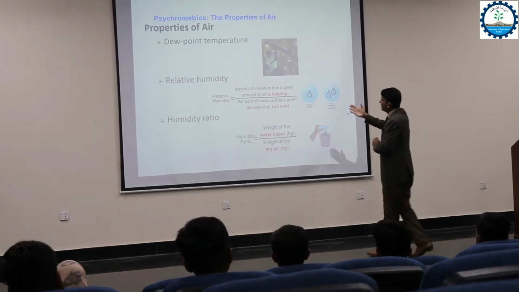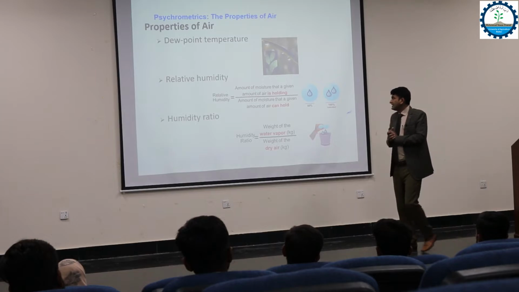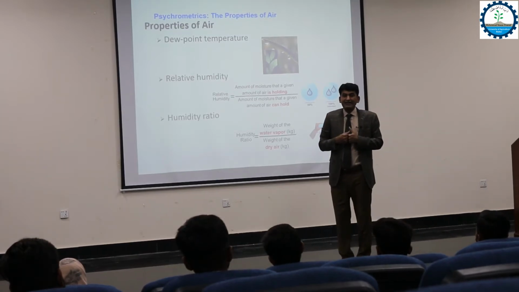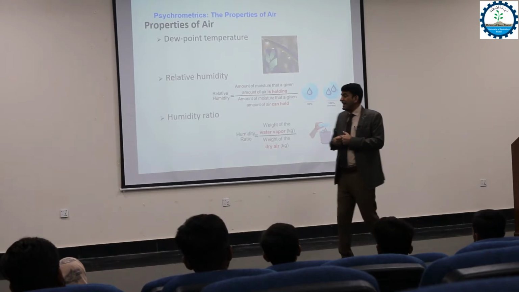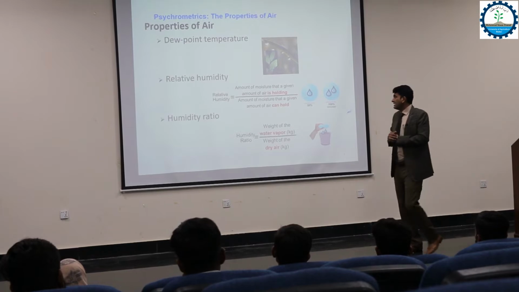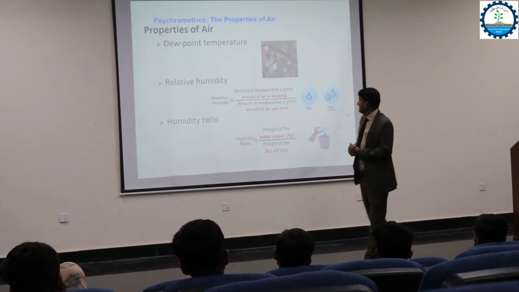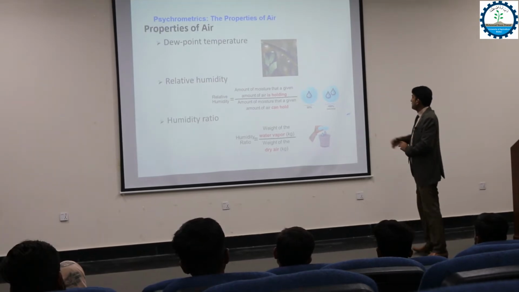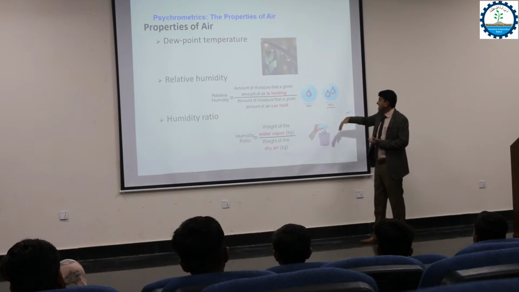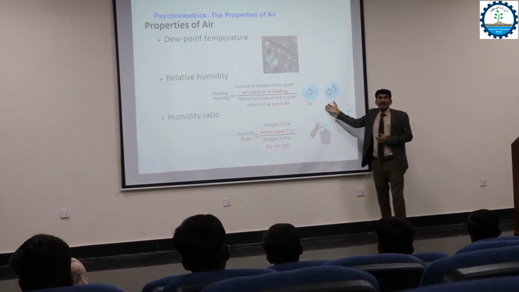So the second one is the relative humidity, the amount of moisture that a given amount of air can hold, and it is the ratio of the actual holding to what can be held. So this will be a percentage value. So in the first phenomenon, suppose there is 50%, and in the other the air is fully saturated, so obviously the relative humidity is 100%.